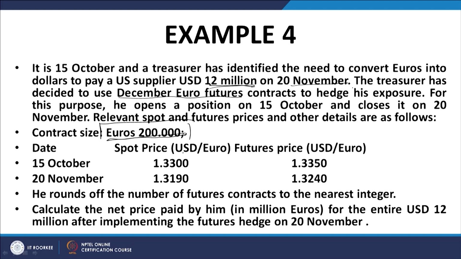Spot prices are quoted in US dollars per euro, and futures are also quoted in US dollars per euro, that is 1.33. Calculate the net price paid by him on the entire US dollars 12 million after implementing the futures hedge.